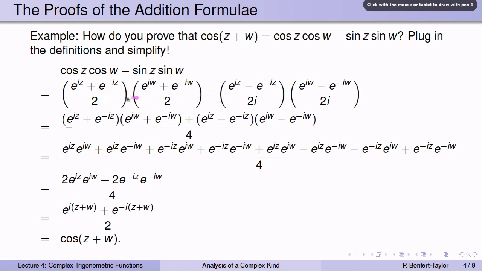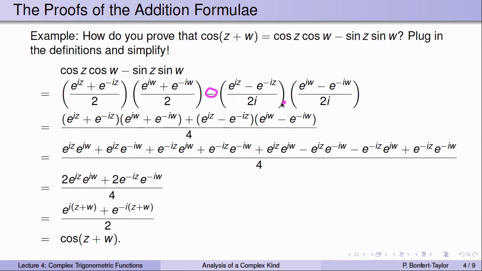I notice when I multiply these first two fractions with each other, the denominators multiply to 4. With the second two fractions, the denominators are 2i times 2i, which is negative 4 in the product. Together with this negative sign in front, I can cancel the negative sign from the denominator and make this negative sign into a plus.